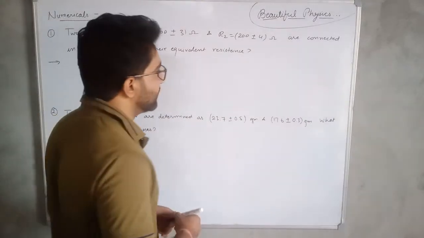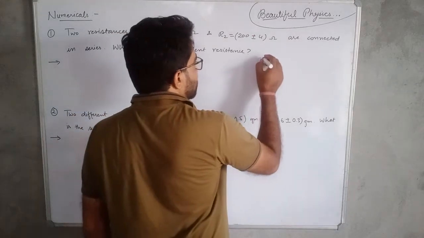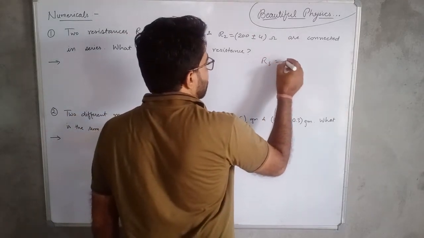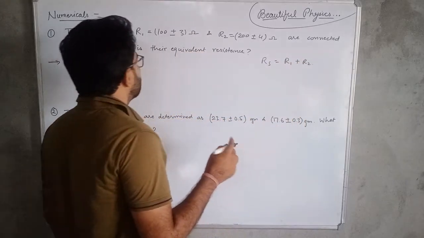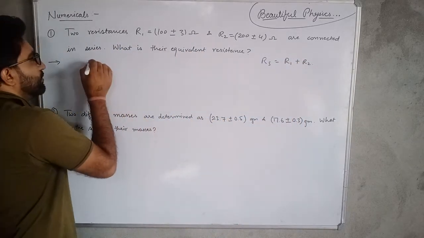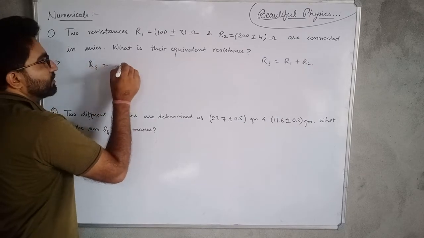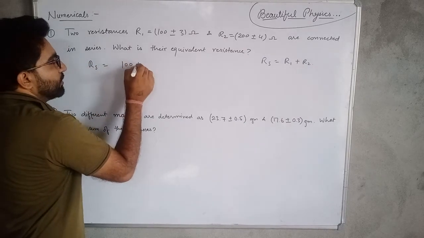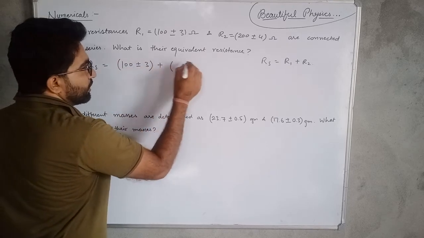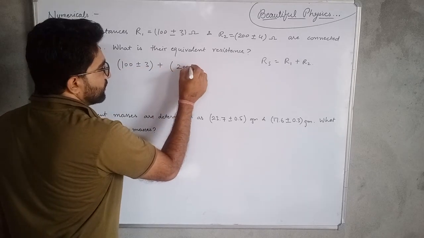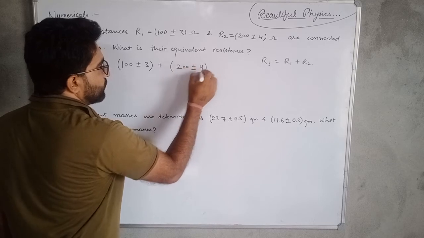As we know, when resistances are connected in series, the equivalent resistance Rs is equal to R1 plus R2. So the equivalent resistance Rs equals 100 plus minus 3 plus 200 plus minus 4.